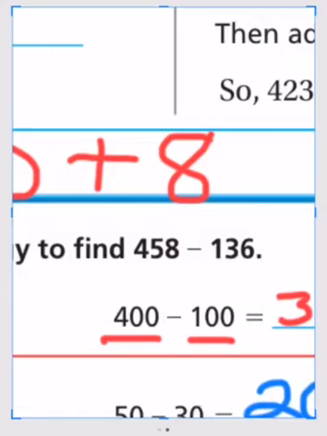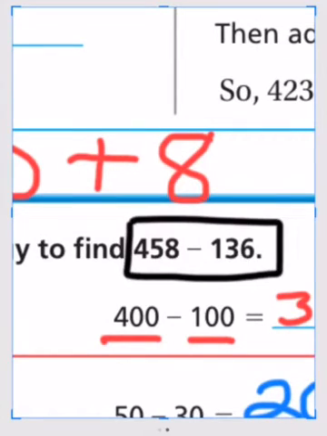It only works right here if our big number, 458, every digit in our big number is bigger than its partner in the small number. So for example, the 400 is bigger than the 100, right? And I'm going to use my highlighter instead.